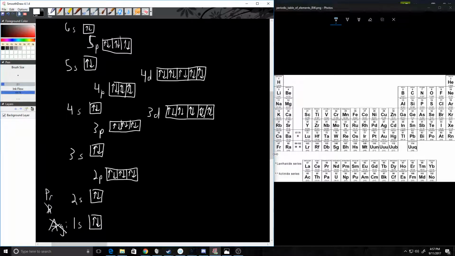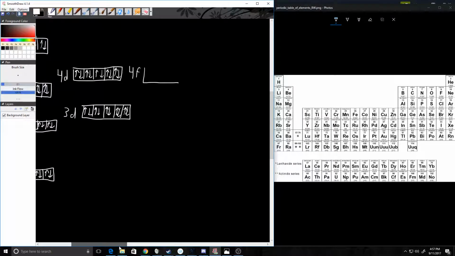All right, so now when I go to do these you colored yellow, they're f orbital electrons, and you wrote that these go down 2 rows, right? So rather than being in 6, they're in 4, and I would put 4f right next to the 4d, but I'm going to have to get a little bit tricky here. Scroll over a bit.